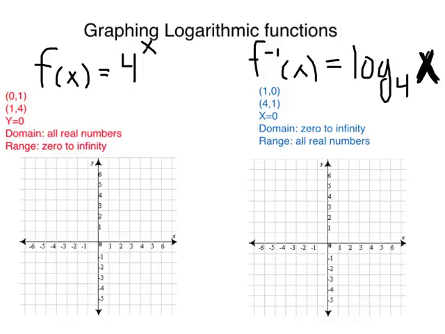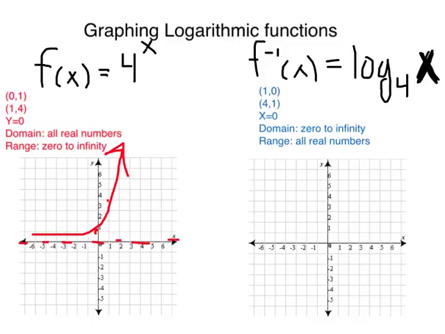So now let's look at how to actually graph those. The exponential function, you should recall how to graph that, goes through the point 0, 1 and the point 1, 4, and then has the asymptote here at y equals 0, and there's our exponential function.